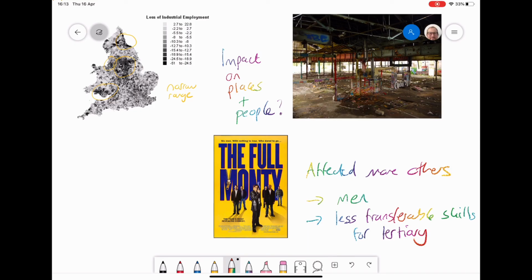So we can break down the impact on people, not just in terms of where in the country, what type of areas, but also the type of people that get affected by these consequences.